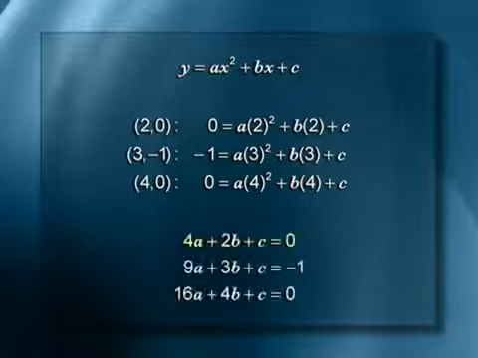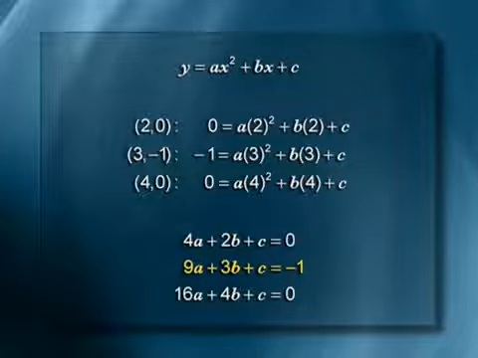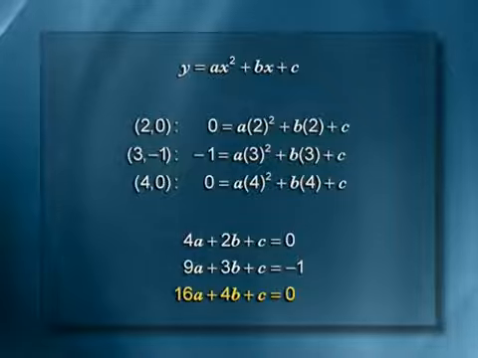Here's our system. 4a plus 2b plus c equals 0, 9a plus 3b plus c equals -1, and 16a plus 4b plus c equals 0. Find a, b, and c. Well, I'm not going to do it. We know how to do Gaussian elimination. This one would be pretty unpleasant by hand, mainly because you've got some ugly fractions there probably when you start to eliminate the variables.